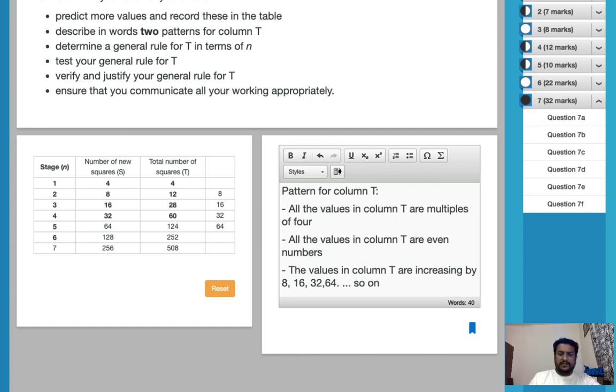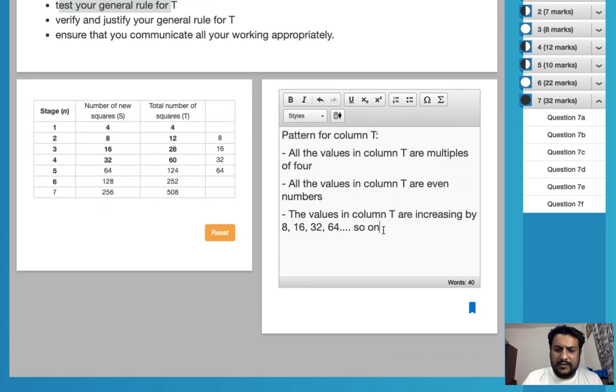Whatever pattern you can figure out in column T, try to explain it using mathematical notation. In your explanation, there should be some mathematics involved.